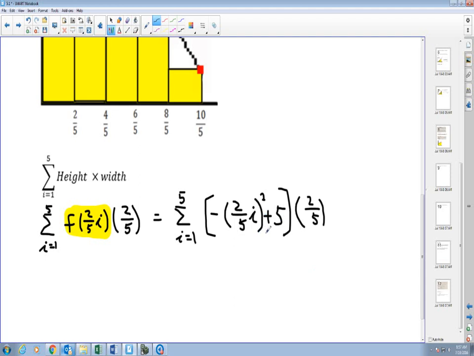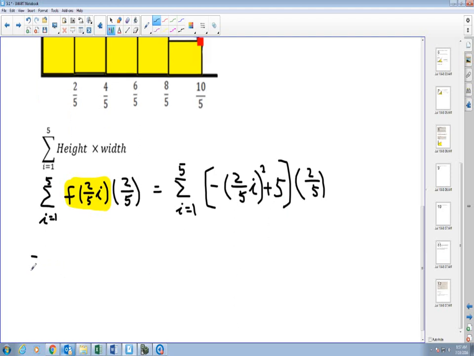Alright, so from here, this plus on here allows me to split up my summation. So I'm going to have the sum of i equal to 1 through 5. This part is 1. Negative 2 over 5 squared is negative 4 over 25. I'm going to put that 4 over 25 up front, along with that negative sign here.